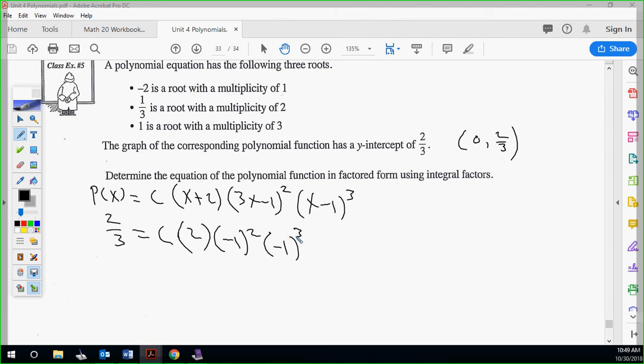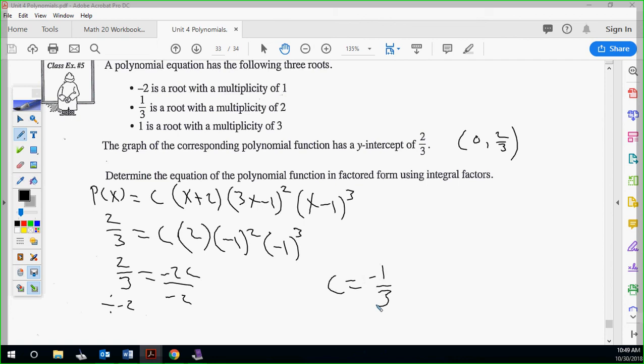So when you simplify that, you're going to get 2/3 equals, that's positive, but that's negative, so you're getting a negative 2c. So 2/3 divided by negative 2 is, good. You're halving 2/3, right? Dividing by 2 means half. Half of 2/3 is 1/3, but with a negative. So C equals negative 1/3.